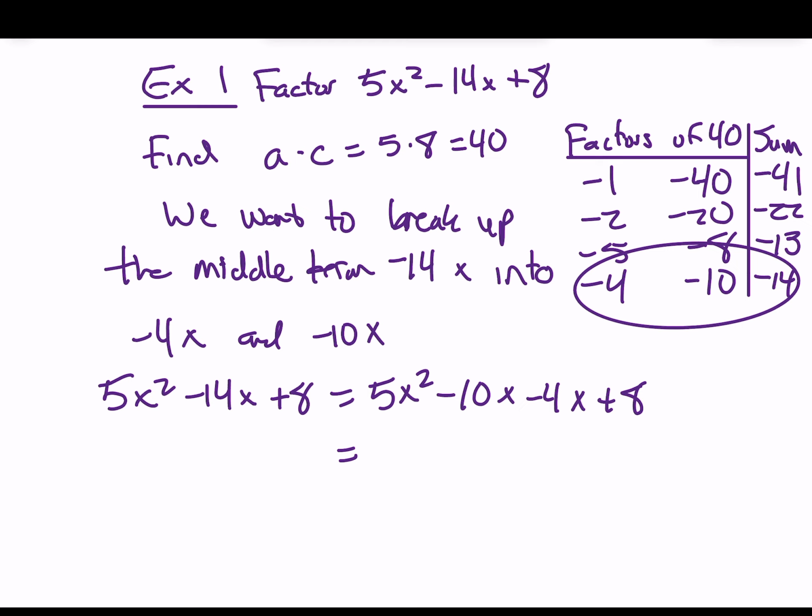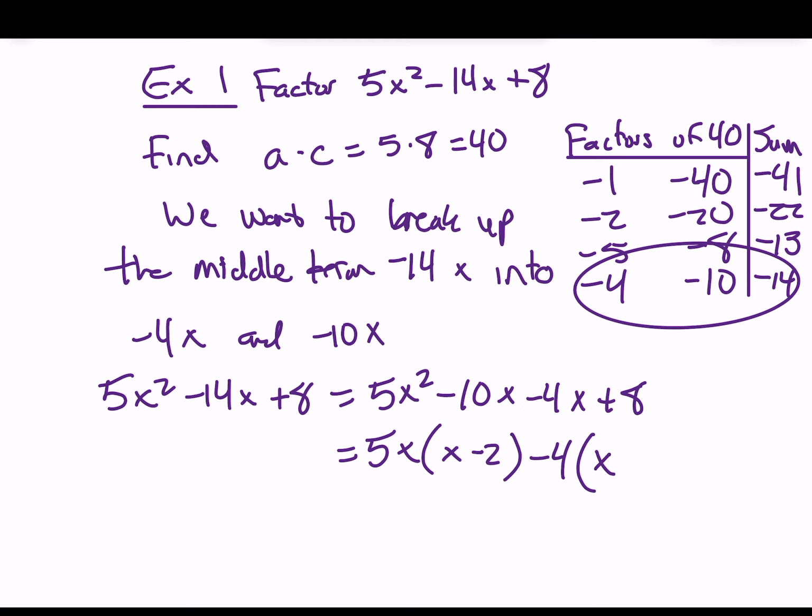So 5x squared and negative 10x, what do they have in common? Well, they have a 5x in common. 5x times x is 5x squared, and 5x times negative 2 is negative 10x. Now let's look at the second two terms, negative 4x plus 8. What do they have in common?